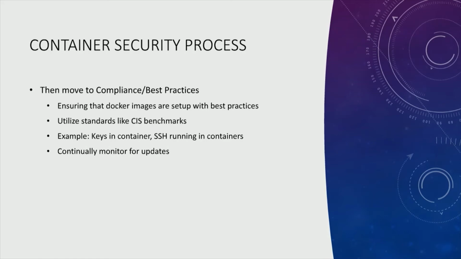So looking for things along those lines are some examples here. And then once again, the CICD part of it comes into the continual monitoring for updates. So just like the slide that I showed you previously, you would incorporate these compliance standards and adherence to best practice in the CICD process. So if for some reason it scans it, SSH is running, bam, you would shut it down, right? So that's kind of the idea behind it.